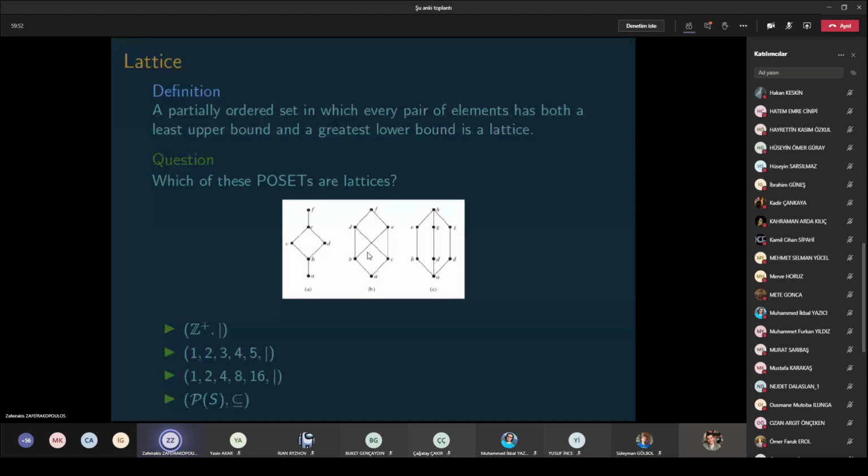Sedef, Özlem, Ozan, Murat, Mete, Merve, Mehmet Selman, Kamil Zihan, Hüseyin, Hakan.